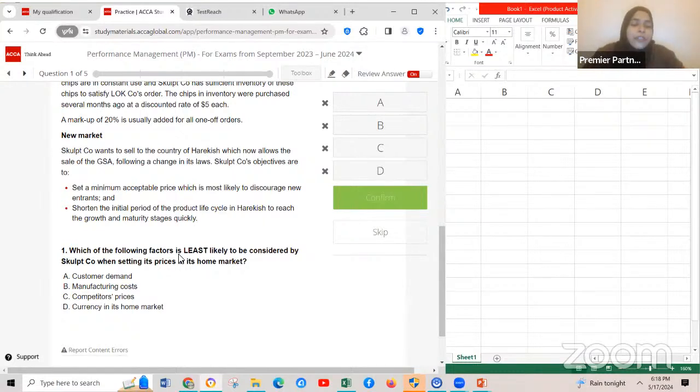Which of the following factors is least likely to be considered by Sculpco when setting its prices in its home market? What won't they consider when they are setting their price? Which of these factors are they least likely to consider when setting their price in the home market?